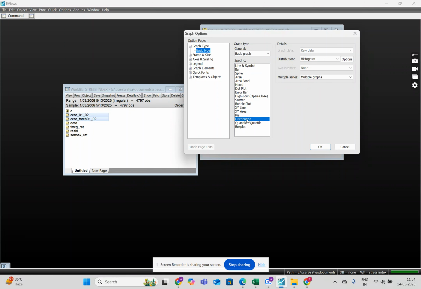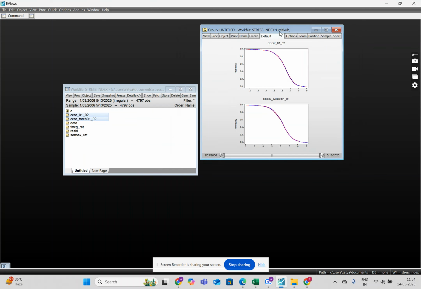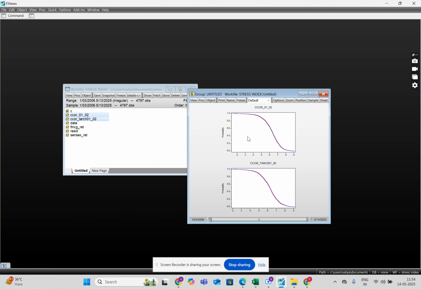Then let's go to distribution. Then let's go to empirical survivor. So we have both of them here. Actually, for the CCOR, in 80% cases it will be more than 0.5, right? However, in the case of this, in 80% cases it will be more than around 0.6.